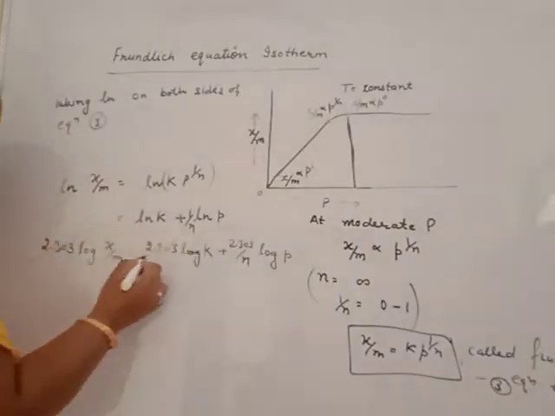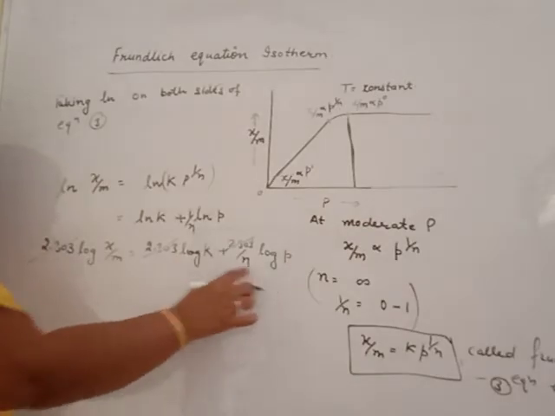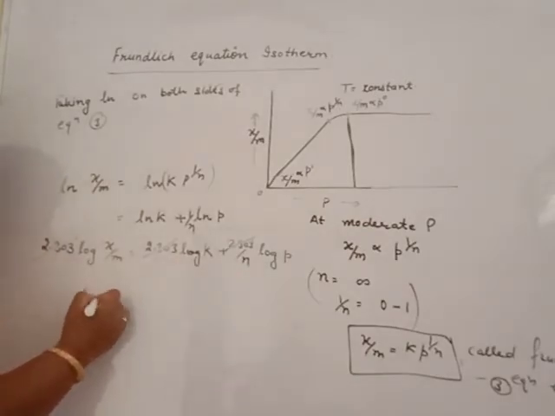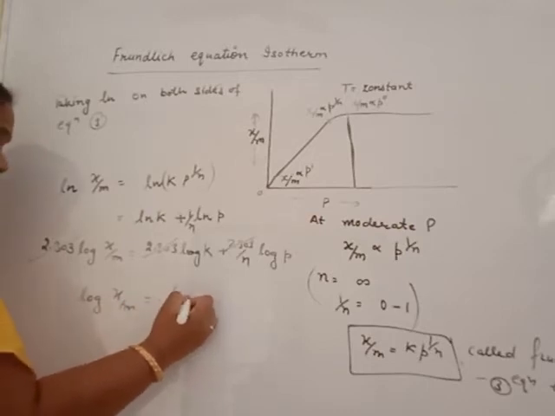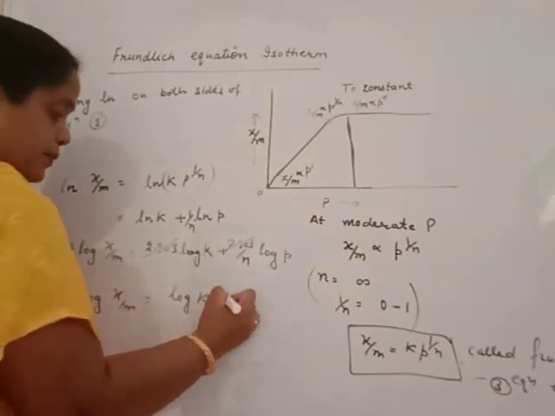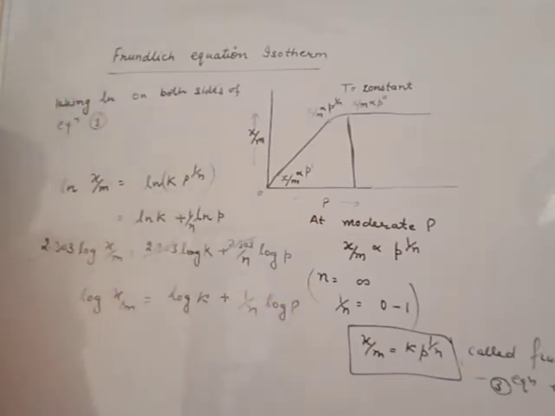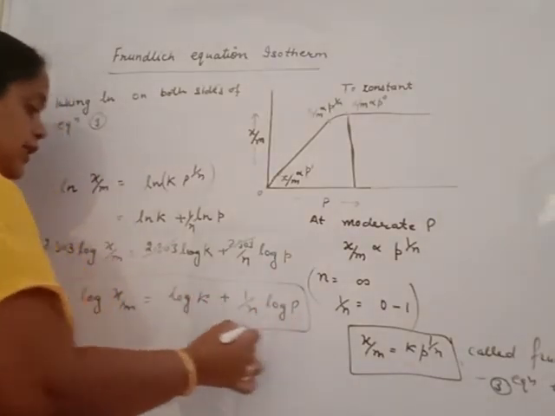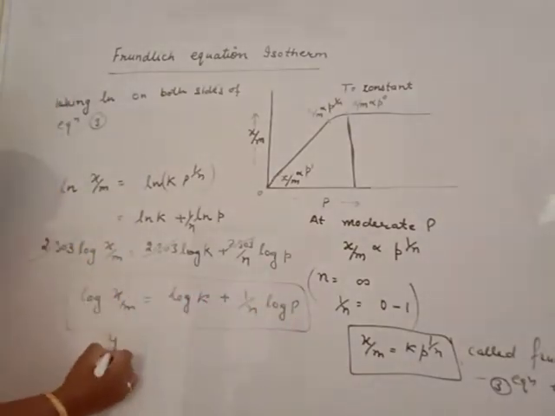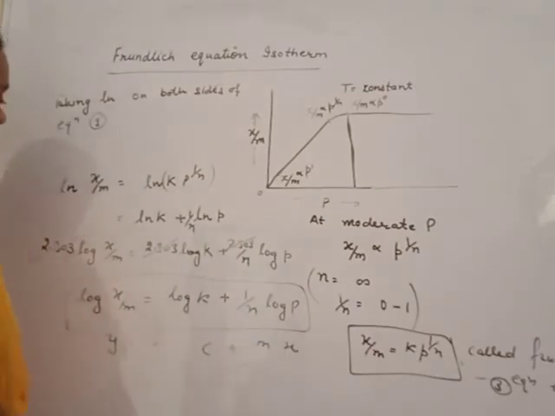This is cancelled out because it is on both sides, and our answer is log of x by m equals log of K plus 1 by n log of P. It is our linear equation for the isotherm, of the form y equals mx plus c.